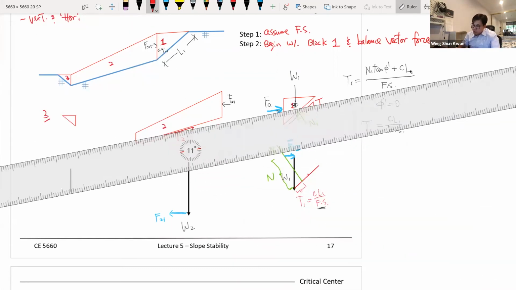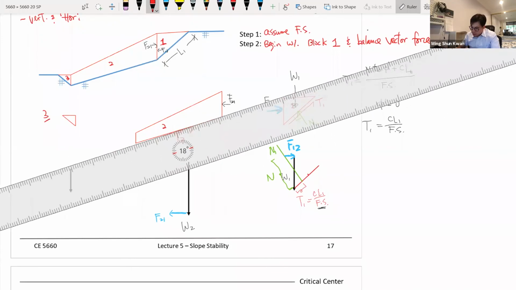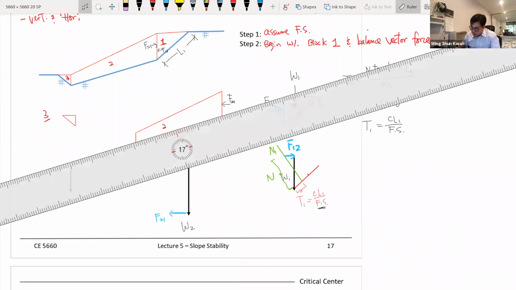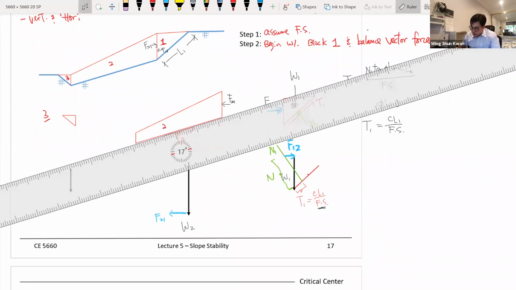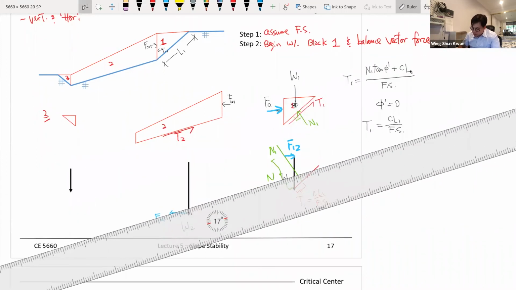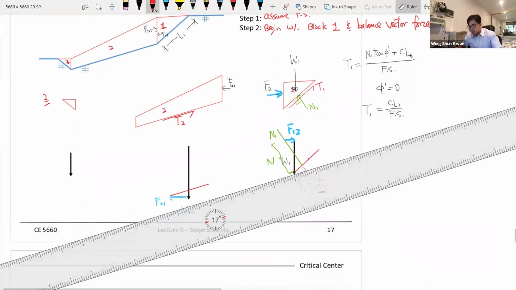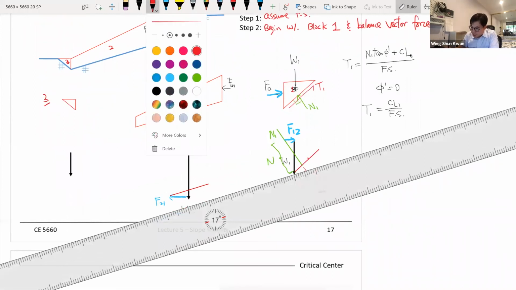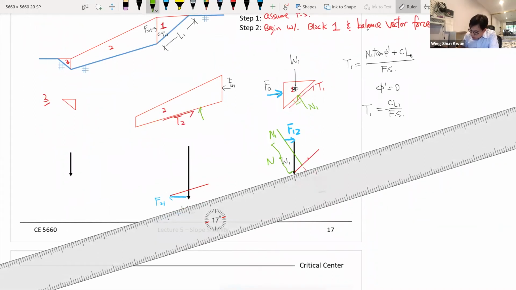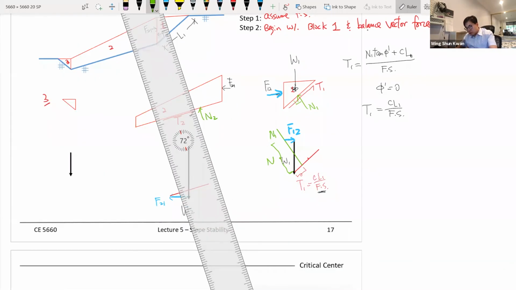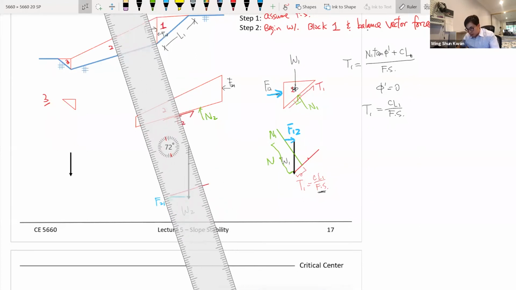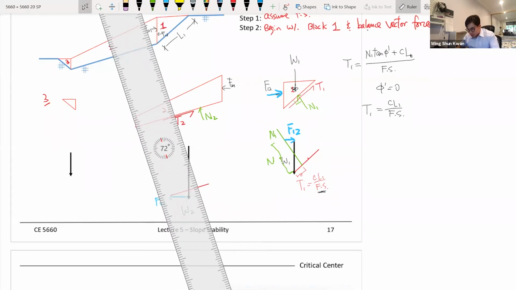Now you know the orientation of your T2, and then you bring it to your force diagram. You also know the amplitude. Then you know the orientation of the normal force here. So you know its orientation, and this will make my life easier. Let me stop there.